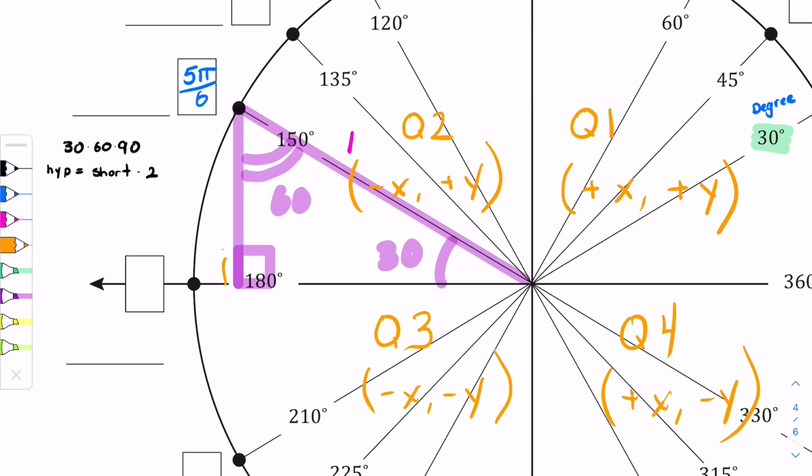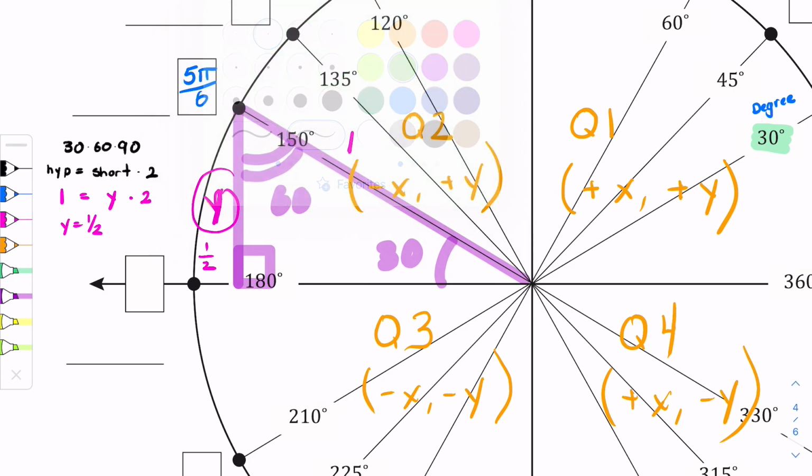This short leg corresponds to the height on the y-axis. So I'm going to label the short leg as y. Substitute in the value of the hypotenuse, which is 1: 1 equals y times 2. Divide both sides by 2. Y is equal to 1/2.